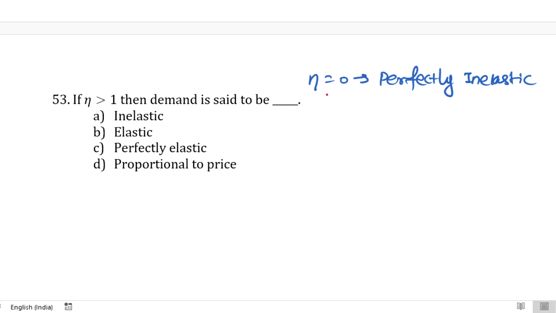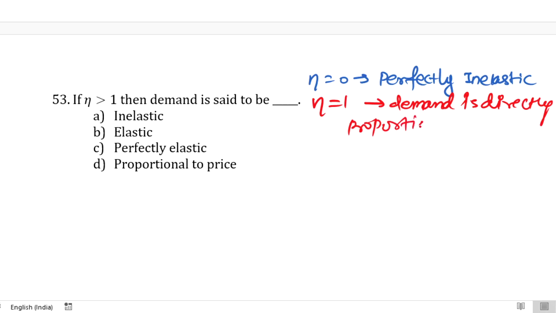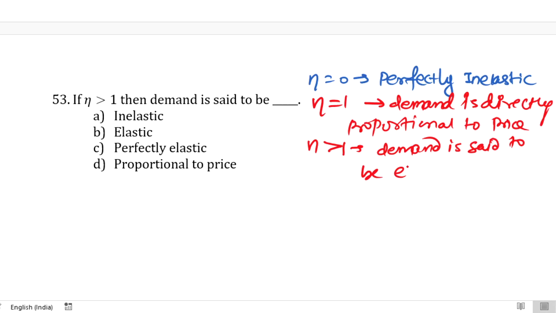If nu is equal to 1, it means demand is directly proportional to price, and if elasticity is greater than 1, then demand is said to be elastic.